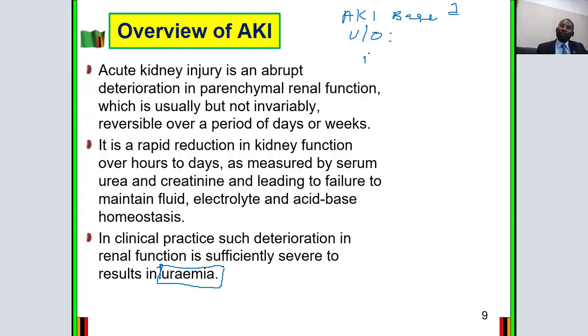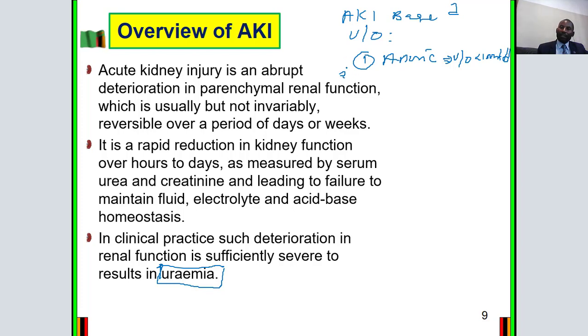Okay. So we have three classifications. So we have anuric AKI, that is when urine output is less than 100 ml per day.